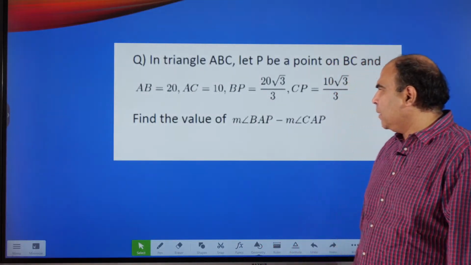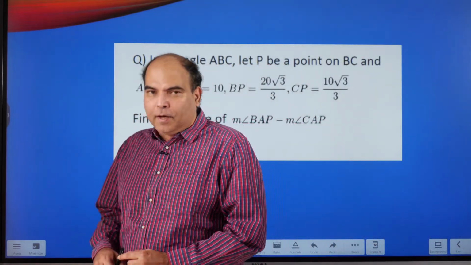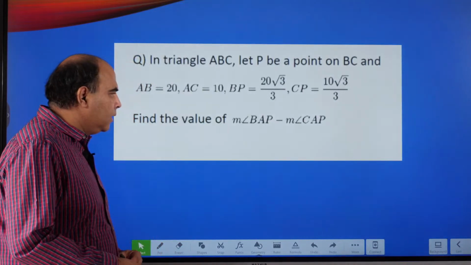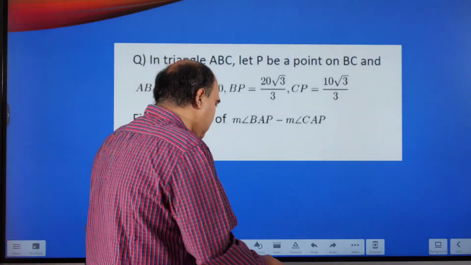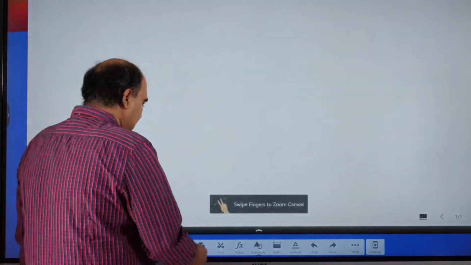Of course, this one is not similarity. This is the first question I have picked up for today. It is built on the angle bisector theorem. If you remember, what was the angle bisector theorem?